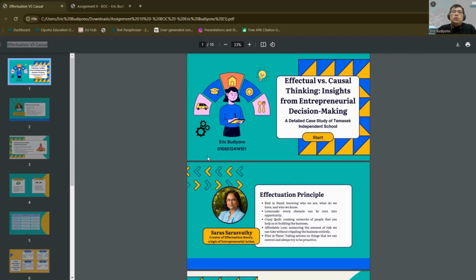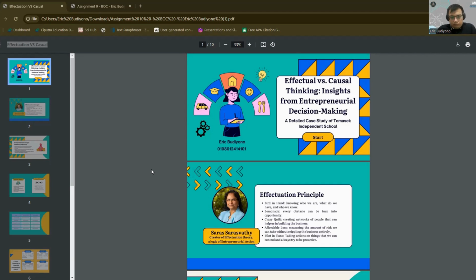Now, in this presentation, I would like to explain a little bit about the implementation of the effectuation principle, specifically in the implementation of the modular learning system in the secondary department of Temasek Independent School.